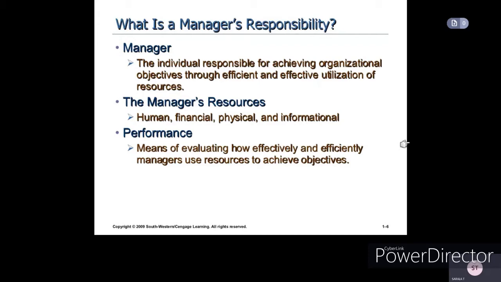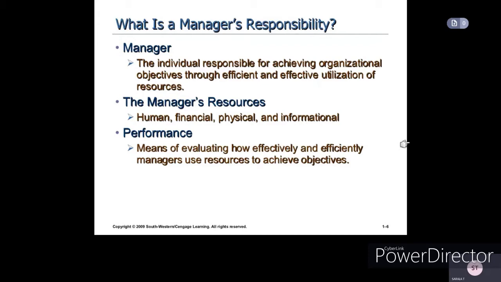Physical means how he provides physical support to each and every person working under him. And informational resource is all the information he needs related to the production process or any other process.